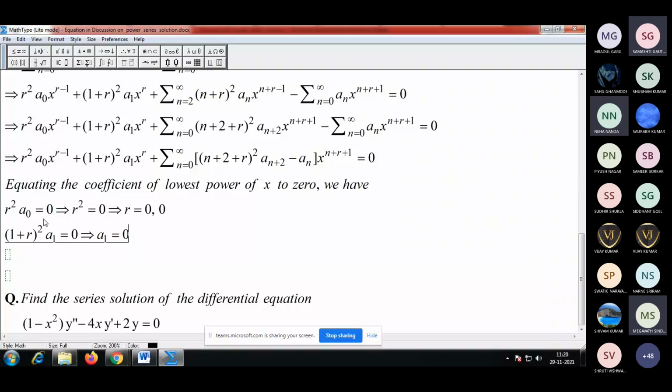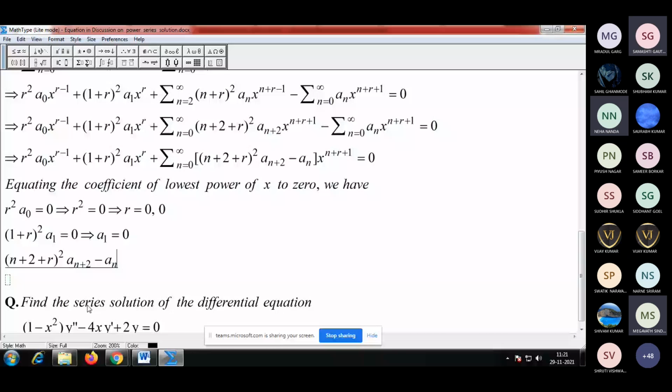Now after this coefficient of x power r, we are going to equate the general terms. It means this one. The coefficient of this one is going to be equated to 0.